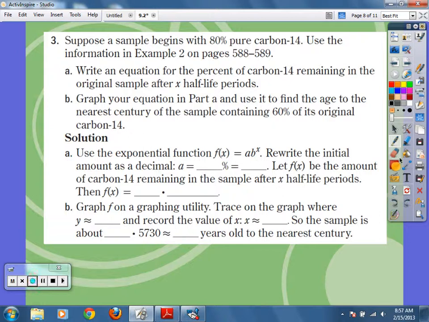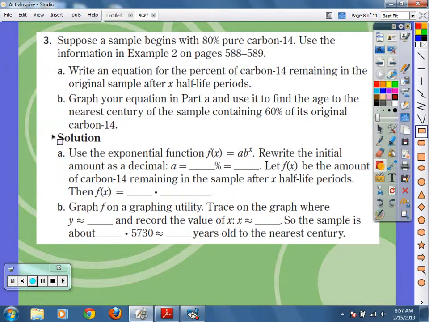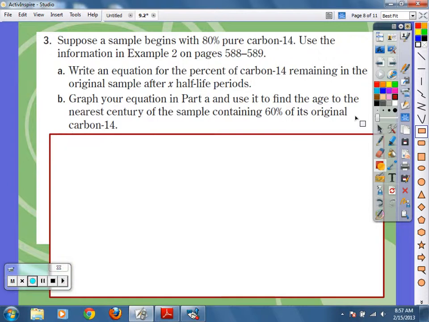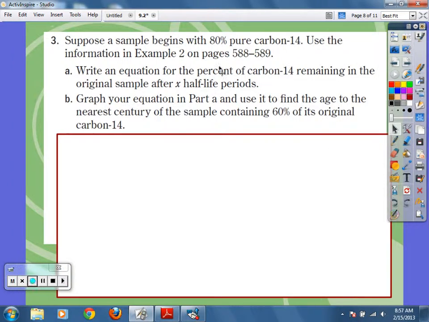Okay, let's do another one. Where's the shape thing? Okay. Suppose a sample begins with 80% pure carbon-14. Use the information in example 2 on page 588 and 589.